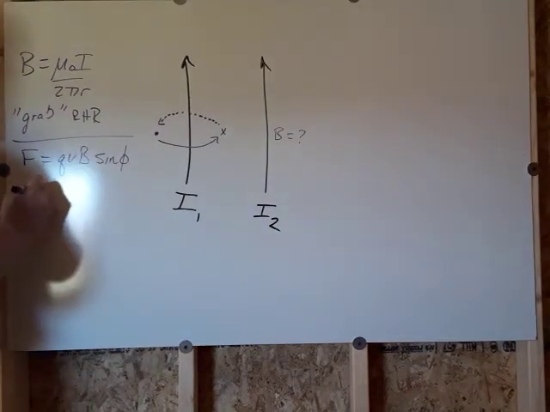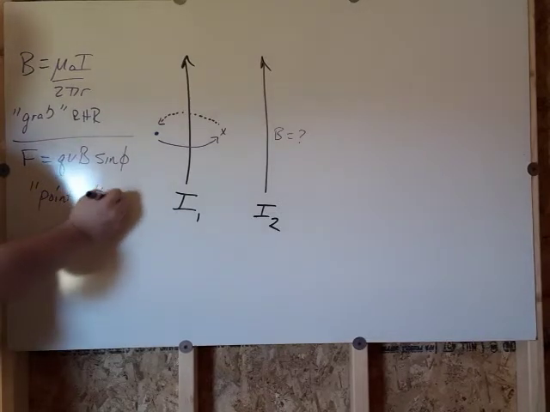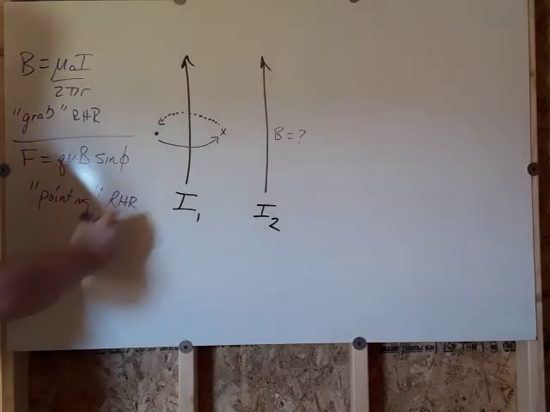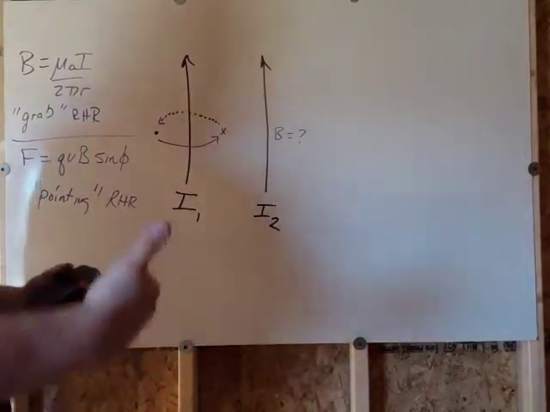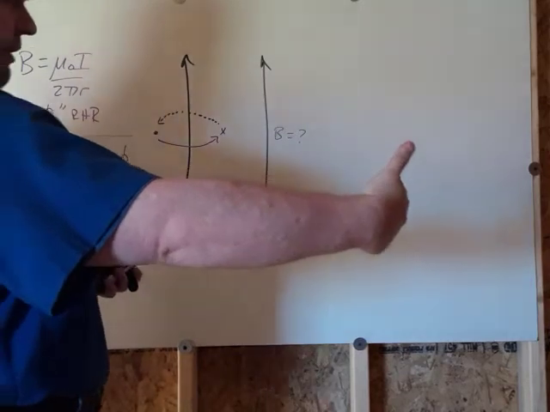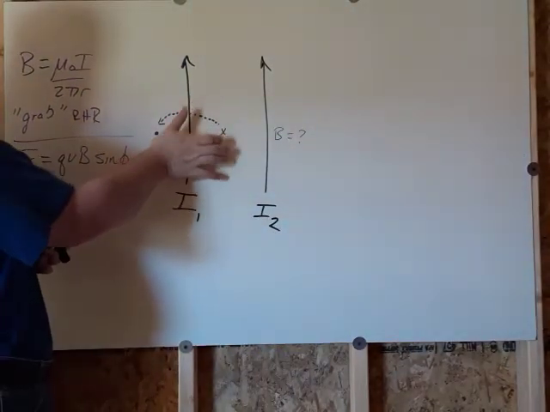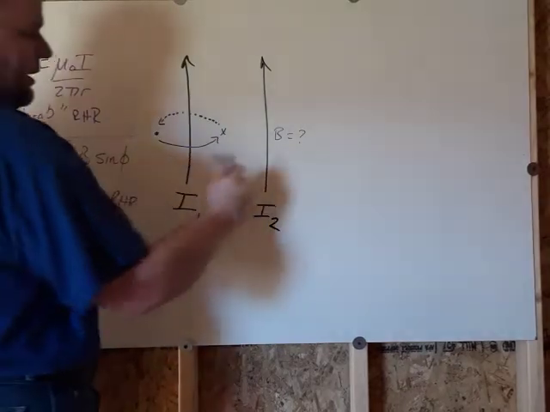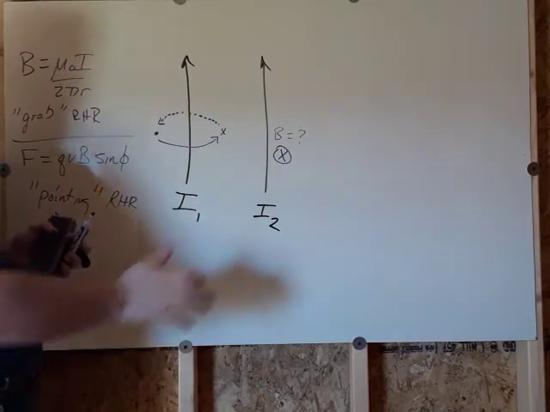And this uses the pointing right-hand rule. If you remember that, your thumb is the direction of the current, and your fingers are the direction of the field. Based on finding the field from I1, it is into the board there.